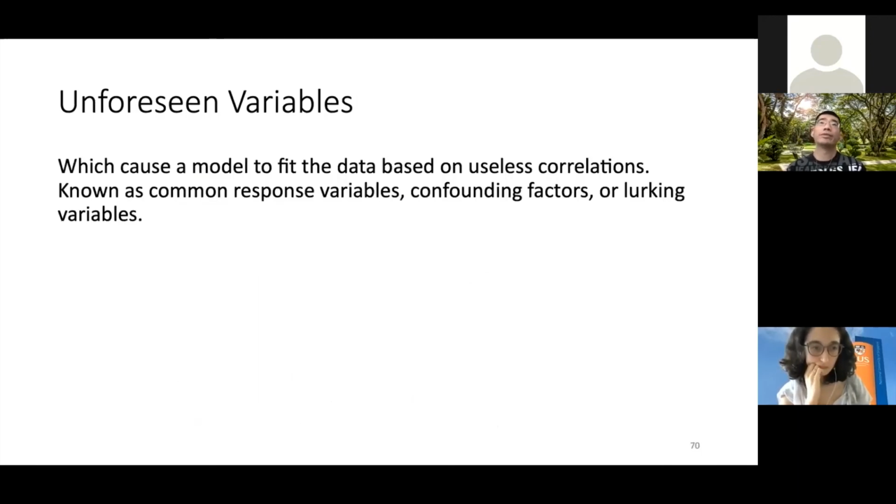So if a model to fit the data is based on useless correlations due to either coincidence or the presence of unforeseen variables, also referred to in machine learning language as common response variables, confounding variables, or lurking variables, it can be problematic for translation into clinical care.